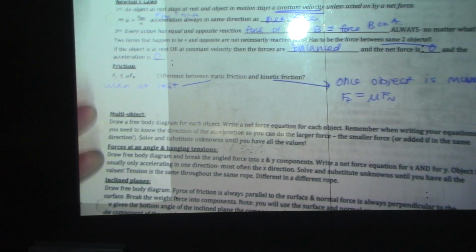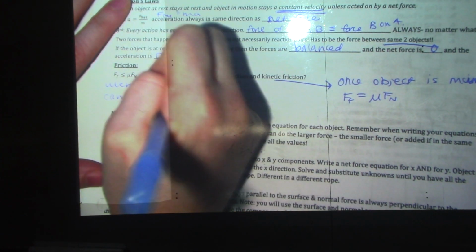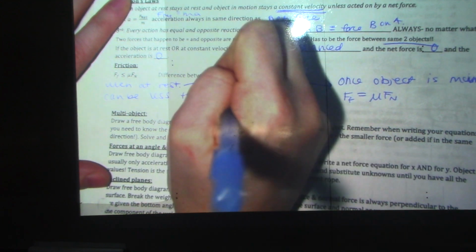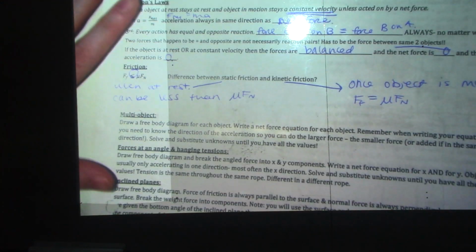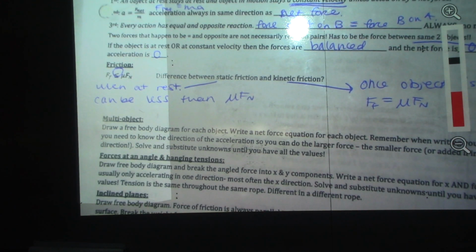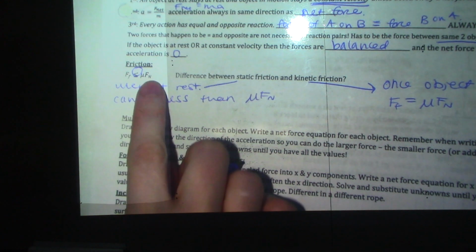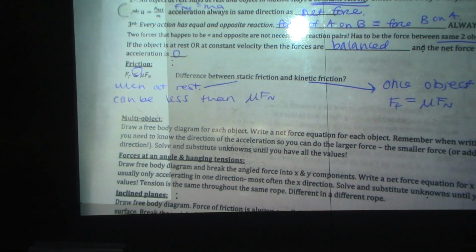Now, static friction is the friction force when it's at rest. The tricky thing about this one is that it can be less than mu Fn. This less-than-or-equal-to is talking about static friction in particular. So let's say I have mu Fn with the static coefficient of 90 newtons. That means that is the maximum static friction that object can have.